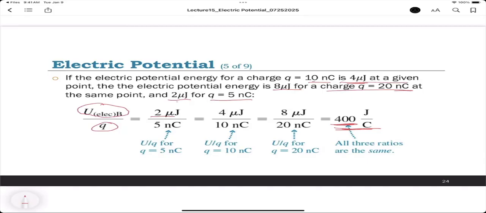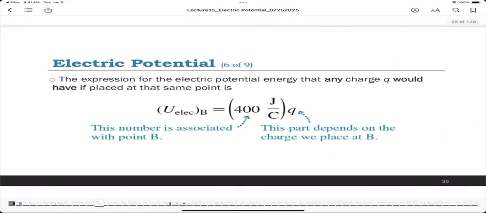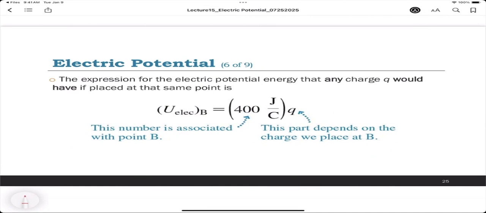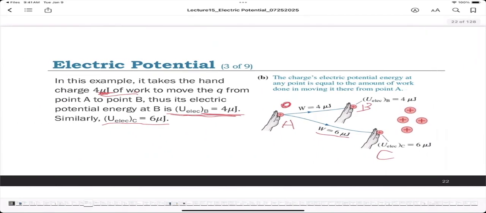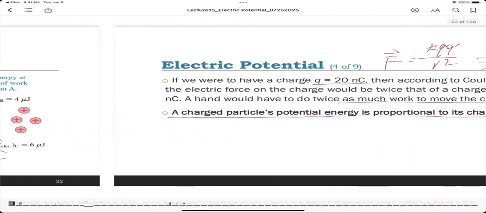The expression for the electrical potential energy that any charge q would have if placed at the same point is this. This number is associated with point B, and this part depends on the charge we place at B. This is just this example, because we said it takes the hand 4 μJ of work to move q from A to B, and this is the condition.